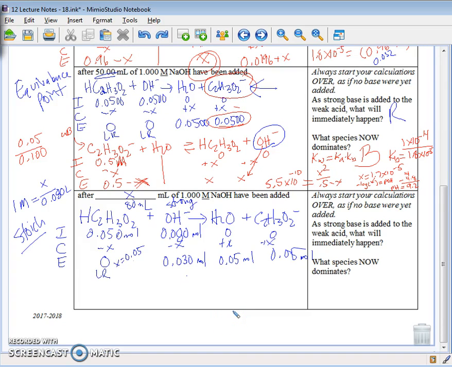I understand how they added. Then we do the same thing. So now what? Okay, but what's left over? OH minus and acetate and water. Which one of those is going to contribute to the pH? The OH minus. Is acetate going to add a lot to the pH? Or is it the strong base that's still sitting there? It's a strong base. If you have strong base still sitting there, what are you going to do?